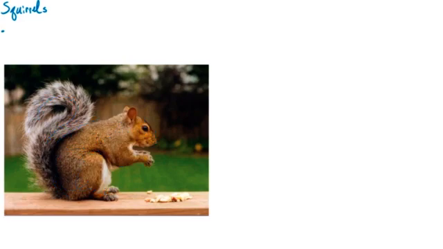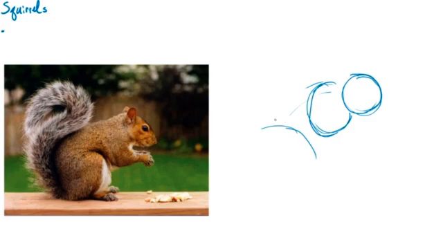Okay, so let's see if we can draw that. All right, here we go. We can draw his head. So he's got a head shape here, and then he has his shoulders, and kind of this shoulder square. And then he has his haunches up in here, right?